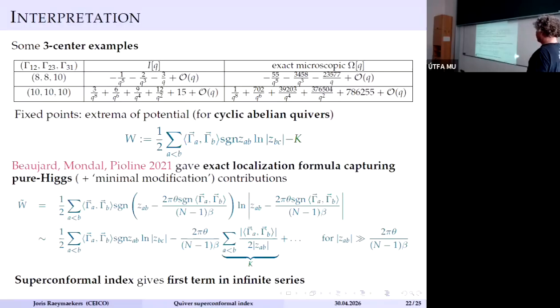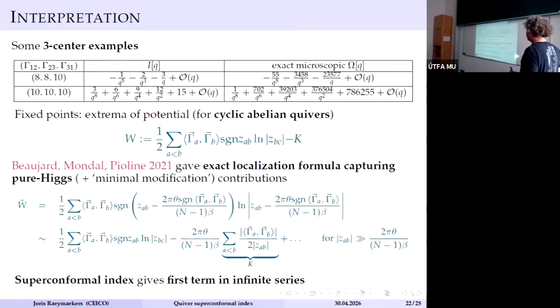So what's going on? What does this mean? There is a way to see what we found: our formula is a first approximation to an exact formula written by Violin et al. To see it, we can write our localization equations as extremizing a certain potential. They have the exact result, which also extremizes a certain potential, which looks like this.